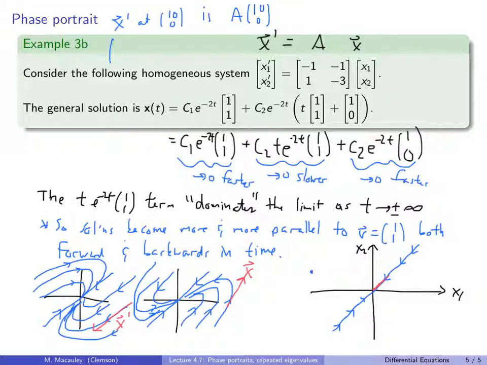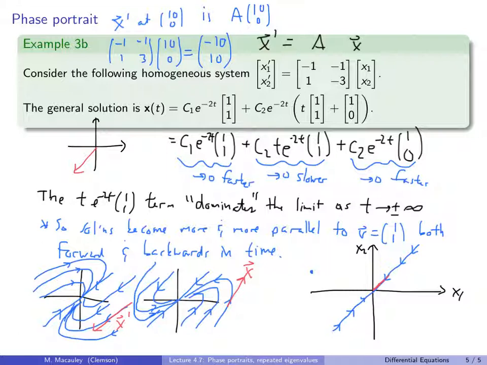I don't care about what time that is, I just care about the fact that it's 10, 0. So let's take A, negative 1, 1, 3, and multiply by 10, 0. If we do this, we get negative 10, and we get positive 10. So that vector, negative 10, 10, if this is the x1, x2 plane, is a vector that goes in that direction.